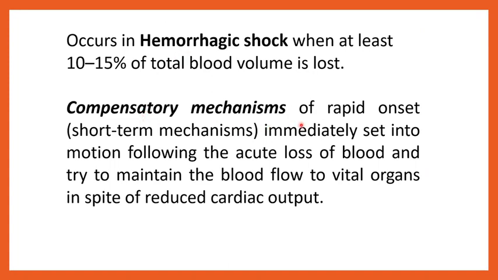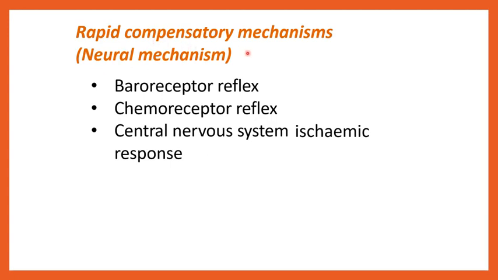So these compensatory mechanisms of rapid onset, that is short-term mechanisms, are immediately set into motion following acute loss of blood and try to maintain the blood flow to vital organs in spite of reduced cardiac output. The rapid compensatory mechanisms are mainly neural. So these mechanisms are mainly the baroreceptor reflex, chemoreceptor reflex and central nervous system ischemic response.